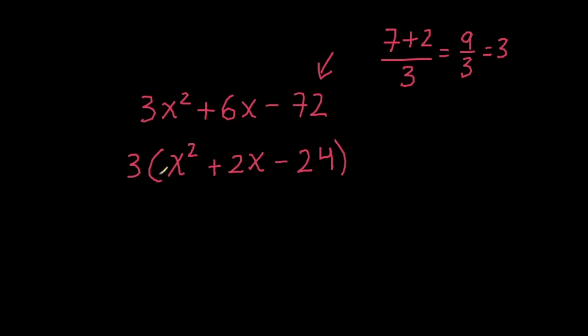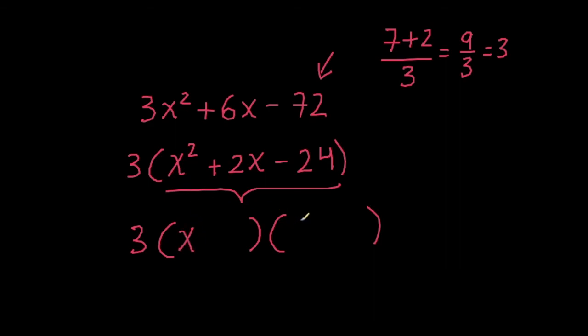All right, so now we get this, and we know how to factorize this. All we've got to do is open up 2 sets of brackets. We keep an x in both to get our x squared. And now we try to find two numbers that add up to 2 and multiply to negative 24. Those numbers happen to be 6 and negative 4.